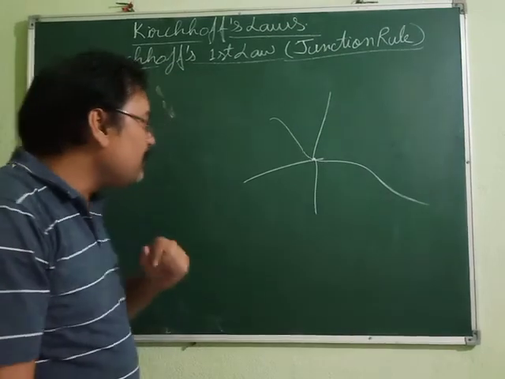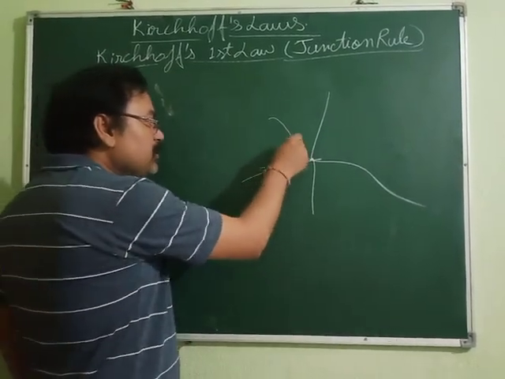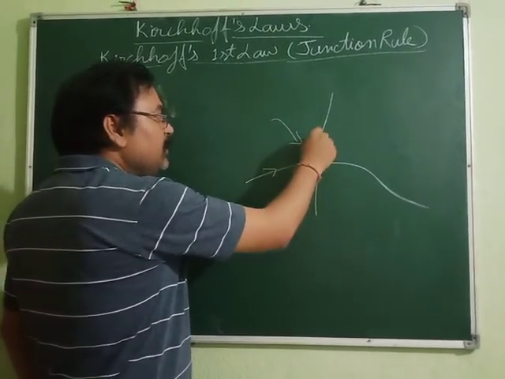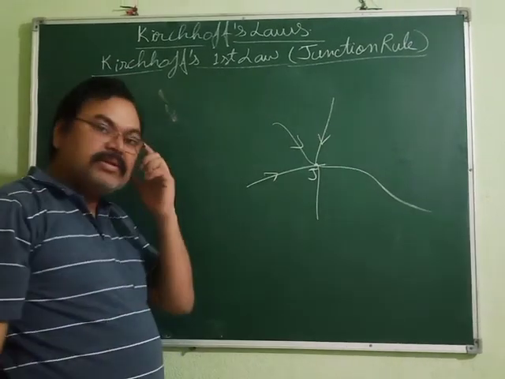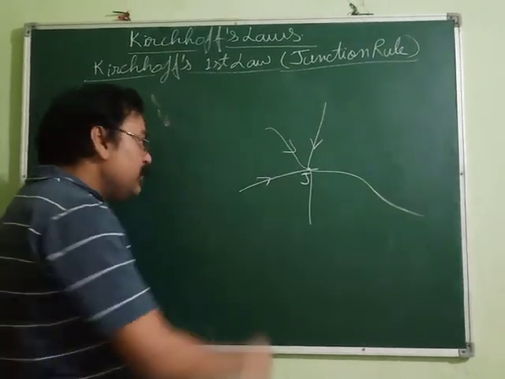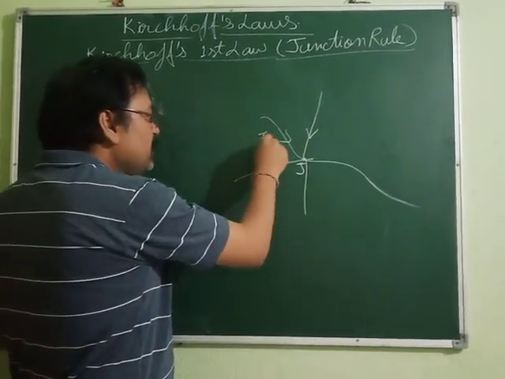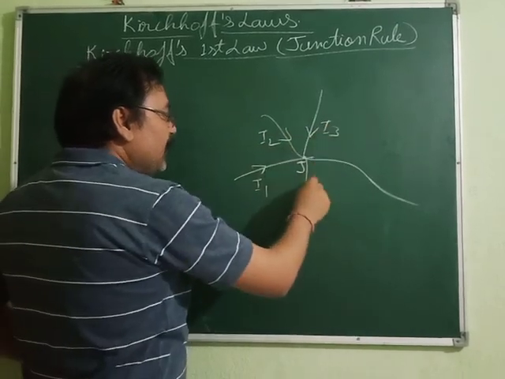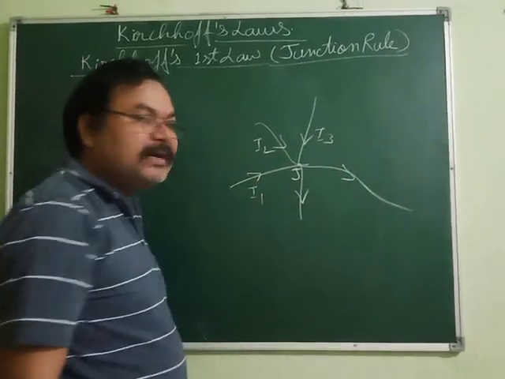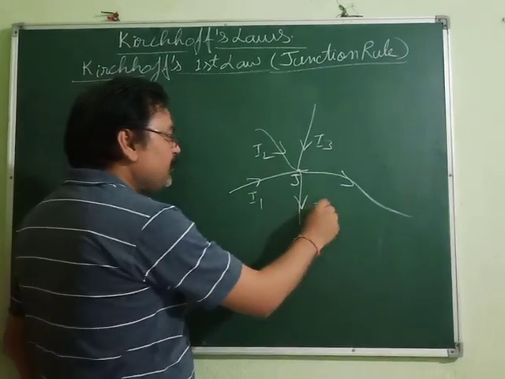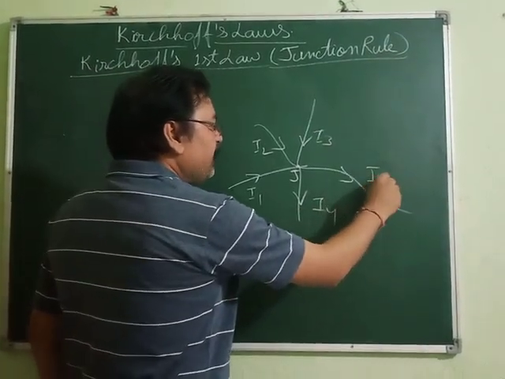Let me tell you, the current which is approaching the junction, this is junction J, that is taken as positive. Remember. Suppose this is I1, this is I2, this is I3. And the current which is leaving the junction is taken as negative. So suppose this is I4 and this is I5.